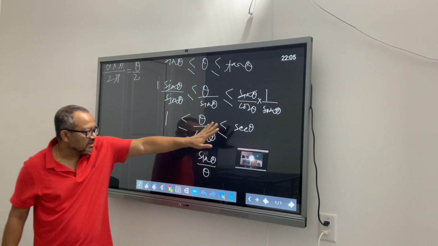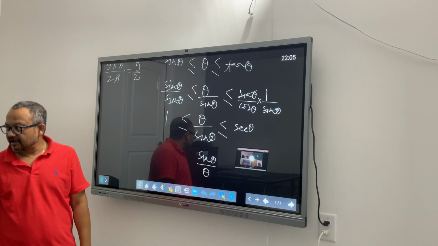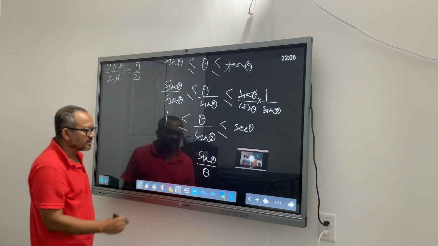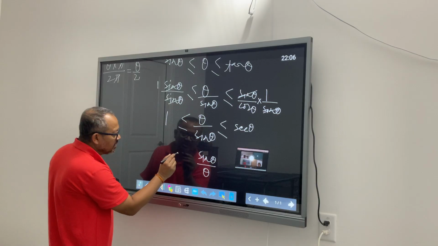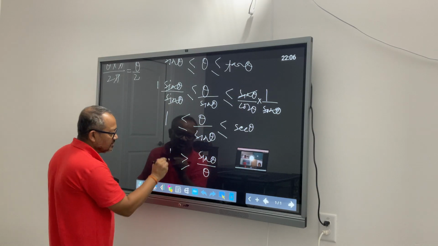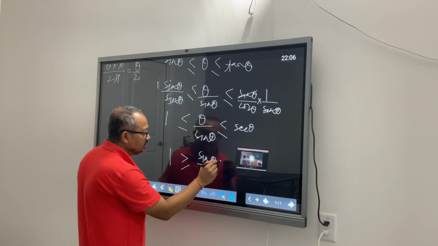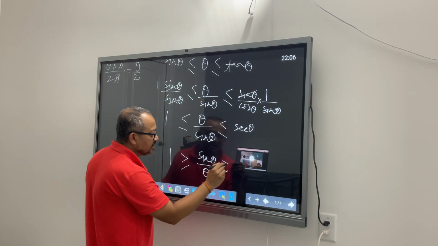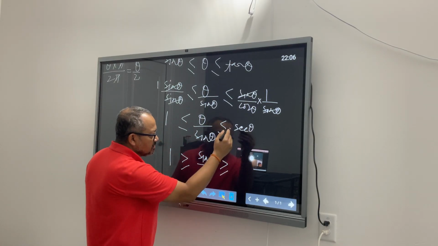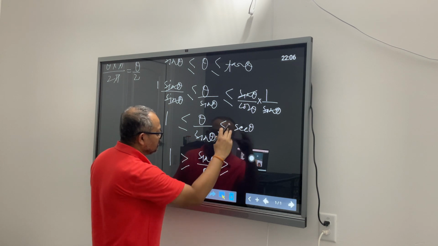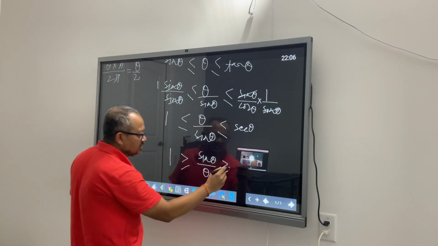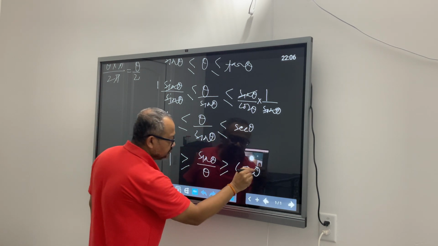So all my signs will change. Okay? Greater than will become less than, and less than will become greater than. So this became like this: 1 is greater than or equal to sin theta by theta, which is greater than or equal to the reverse of this, so it will be cos theta again. Yeah?